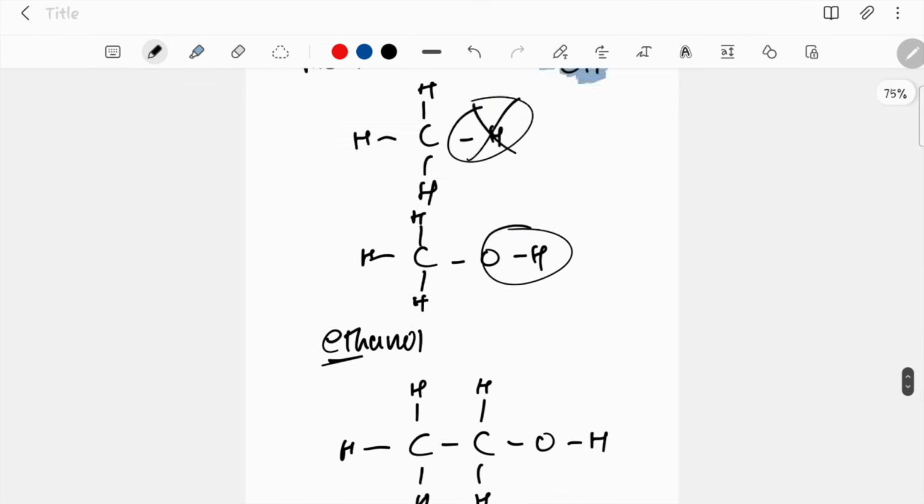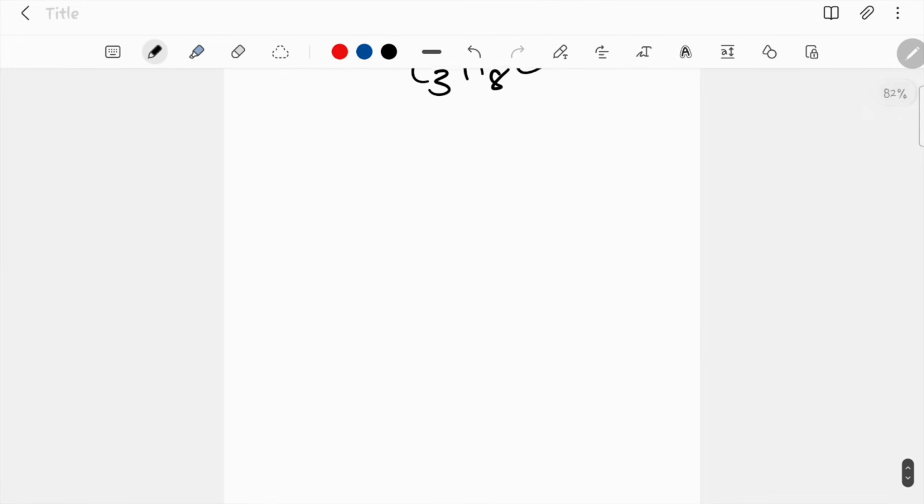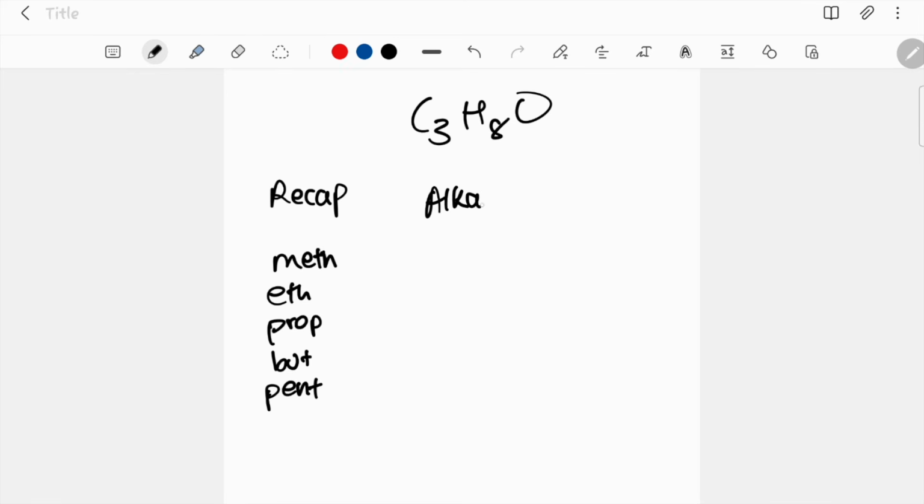So I'm hoping that marks the end of this video. Let's have a quick recap here. You need to memorize this: meth, eth, prop, but, and pent. Then for alkanes, they follow this structure: CnH2n+2.